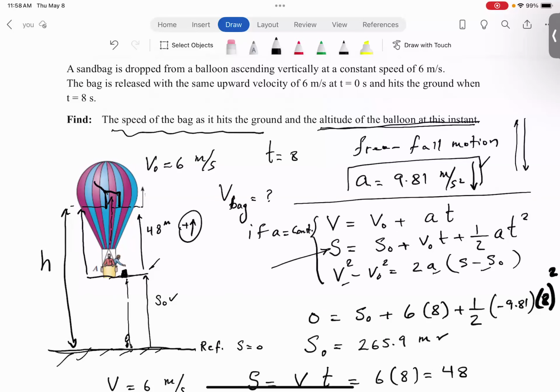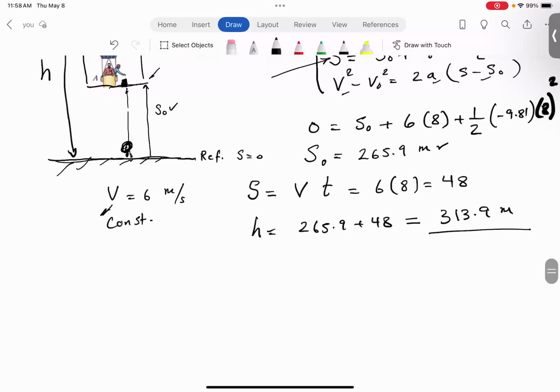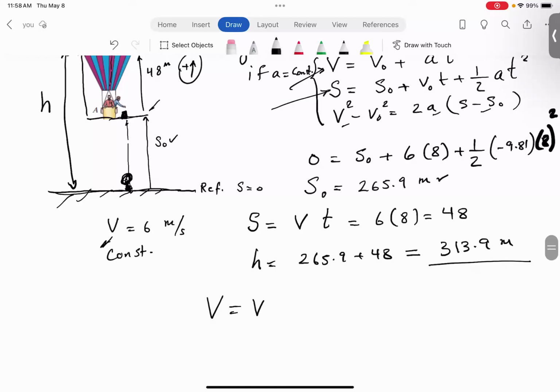And then there is another part to this problem, which is very easy to determine, which is what is the speed at which the bag is going to hit the ground. Just before the bag is about to hit the ground, what is the speed? Well, that's where this equation comes in. V equals V0 plus at. All right. So we're picking this to be the positive direction, right? Initial velocity is 6 meters per second.